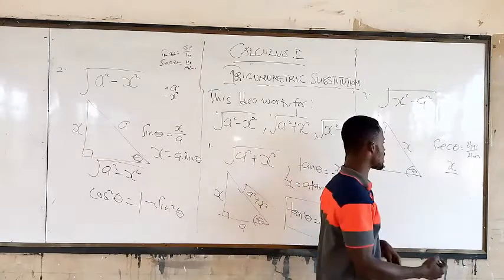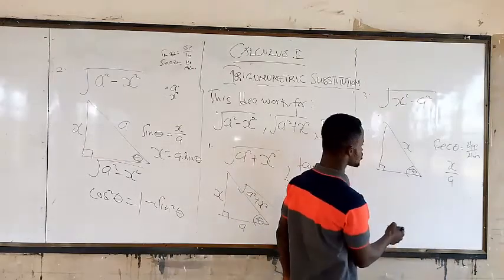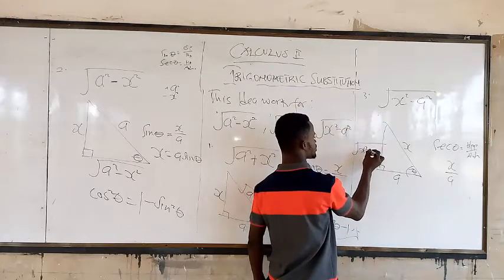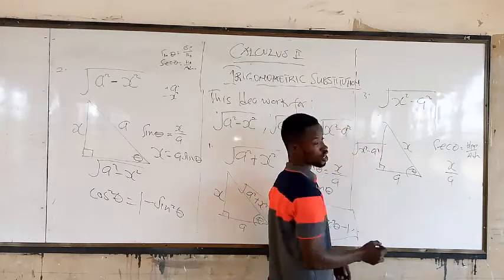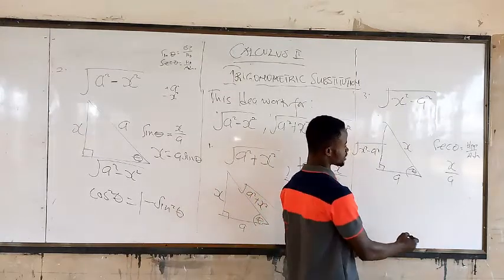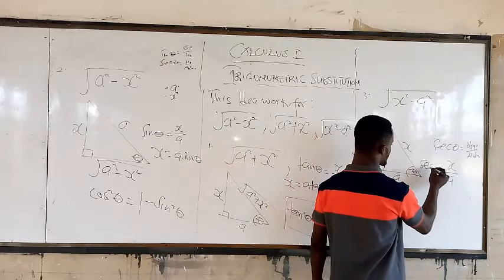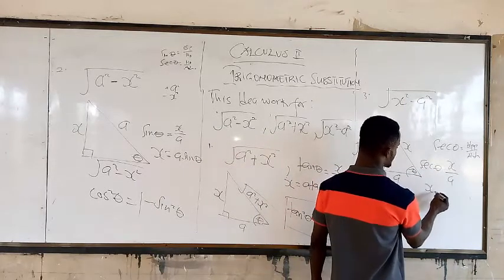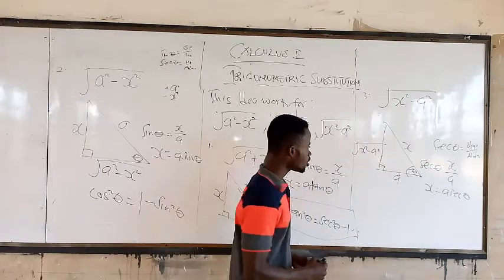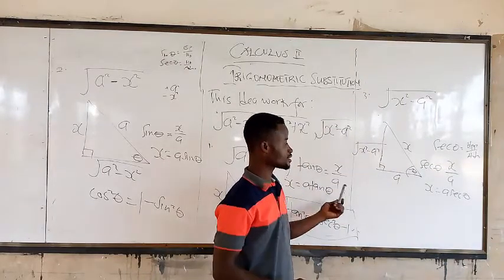A value. And that is a. So here will be a, and the other side will be the square root of x squared minus a squared. Alright? That is that. And here is theta, sec theta. So x is equal to a sec theta. Alright? And that is that.